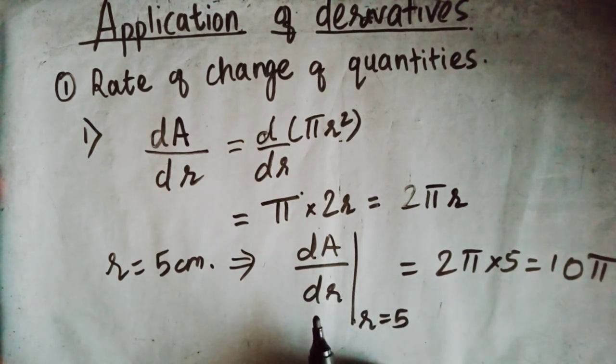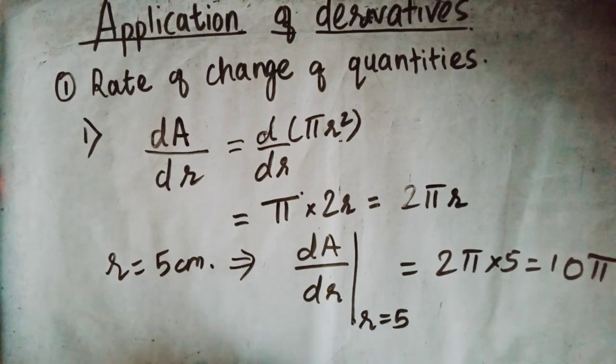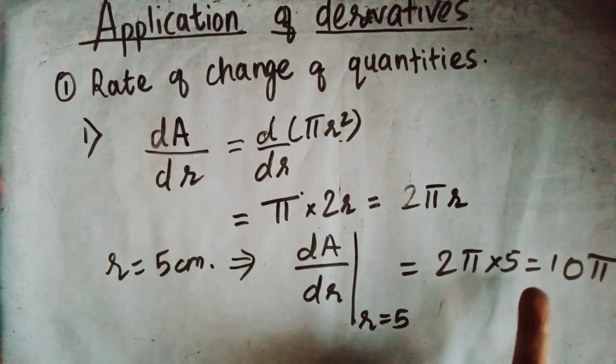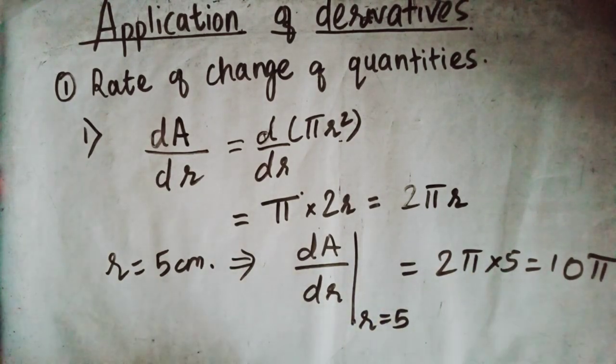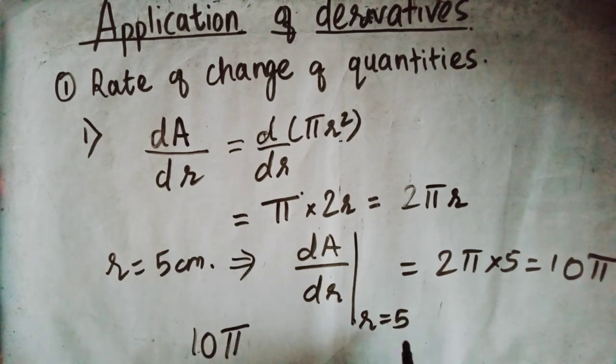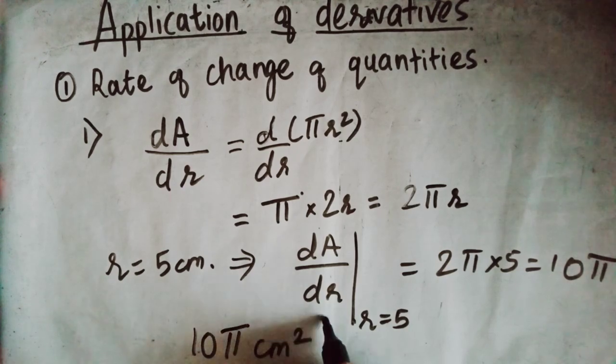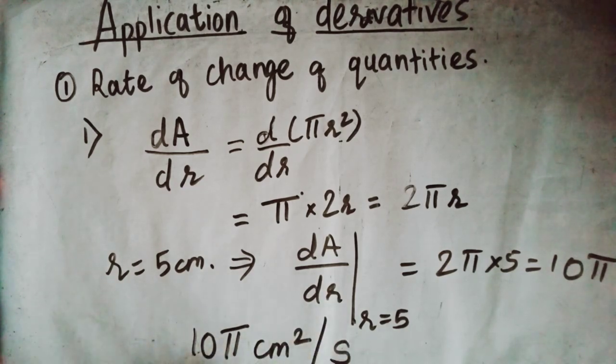So the area of the circle is changing at the rate they have asked for per second. So this area is changing with 10 pi. Now this radius was given in centimeter, so this will be centimeter square per second. For 1 second it is changing like this.